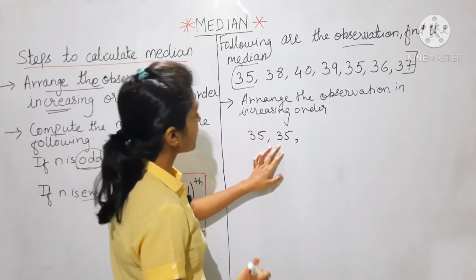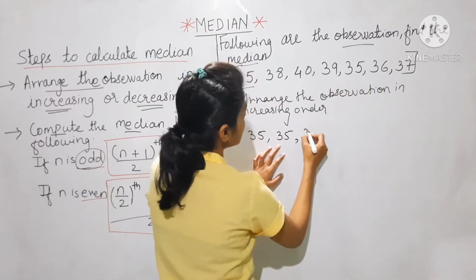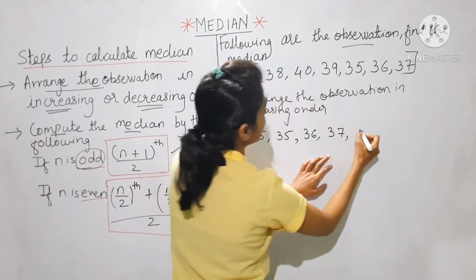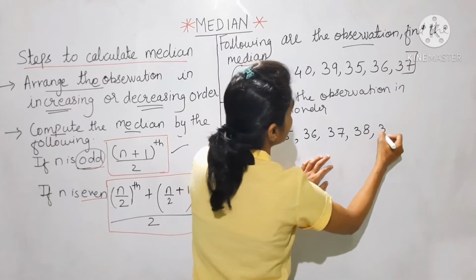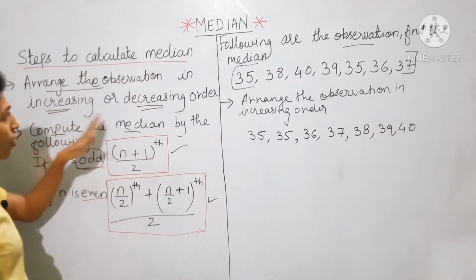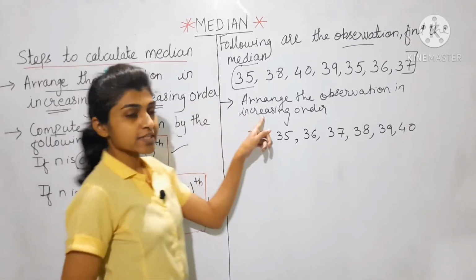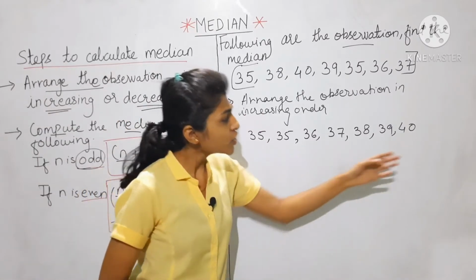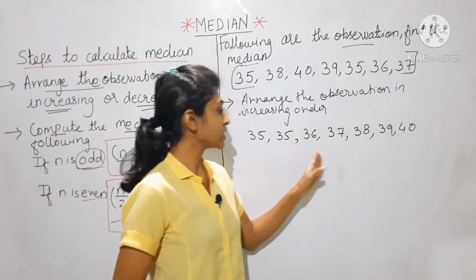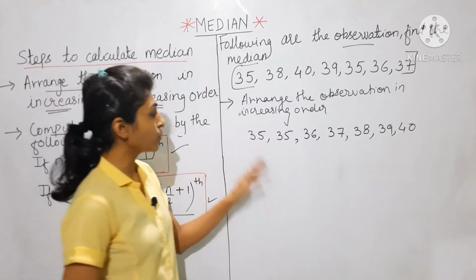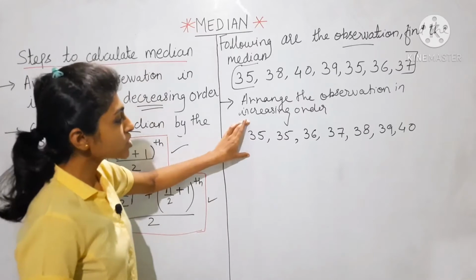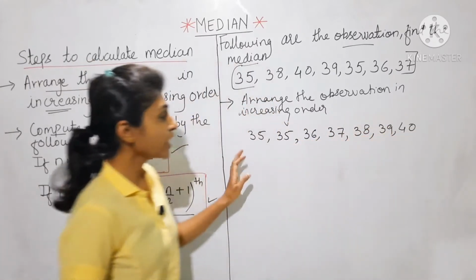So 35, 35, then 36, 37, 38, 39 and 40. Now I have arranged my observations as per step 1 in increasing order. You can also arrange them in decreasing order, like 40, 39, 38, 37, 36, 35, 35. It is up to you.